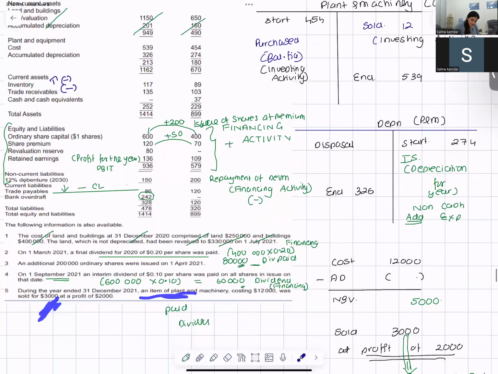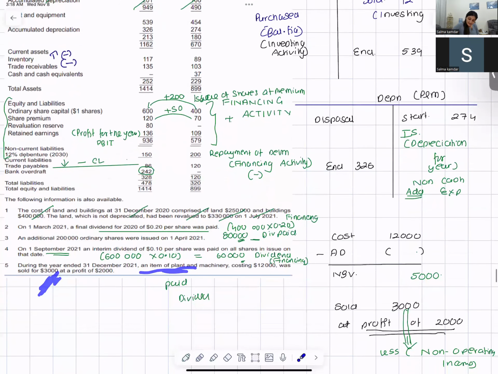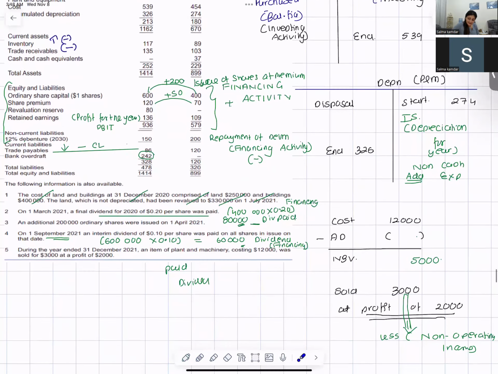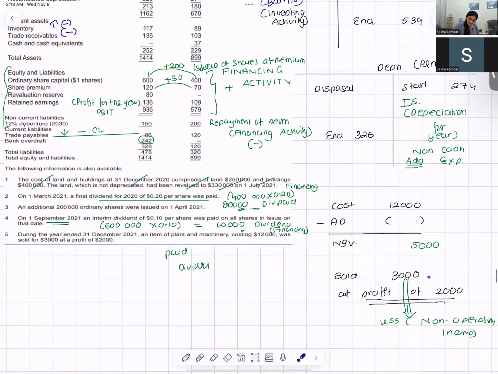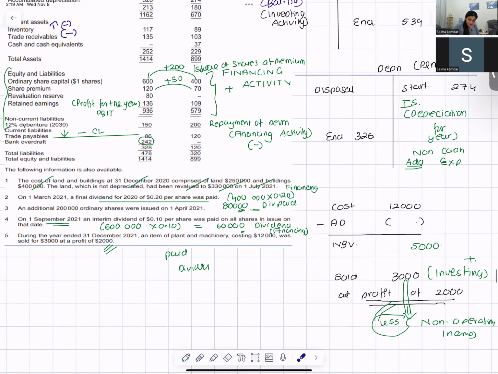So this 3,000 that you have received, your selling price, is an investing activity. You are going to add it. And the profit on the sale of your non-current asset, your plant and machinery, is non-cash, non-operating income. So it will be deducted. Let's see the effect of this.